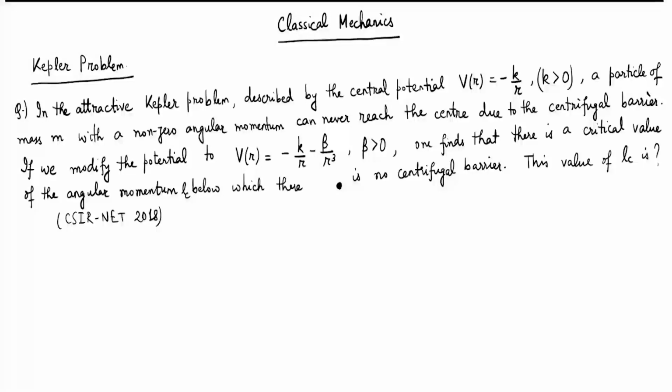So if the potential is changed to V(r) equals minus K by r minus beta by r cube, then there is a critical angular momentum L_C below which there is no centrifugal barrier. How will you handle this problem?